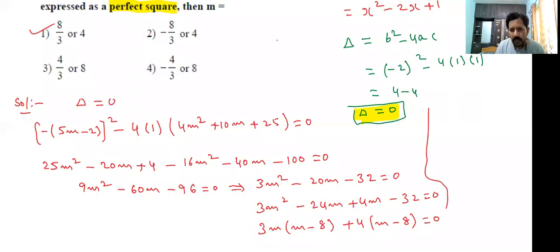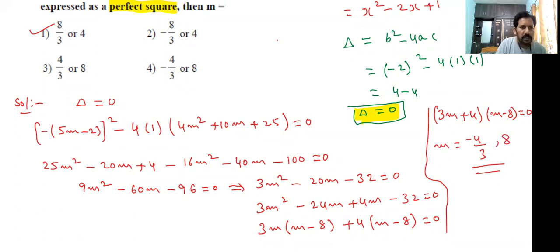Now overall observe that 3m plus 4 into m minus 8 is equal to 0. So what about m values? One is minus 4 by 3, another one is 8. This is the answer. So first option is wrong. Correct answer is fourth option. Okay.